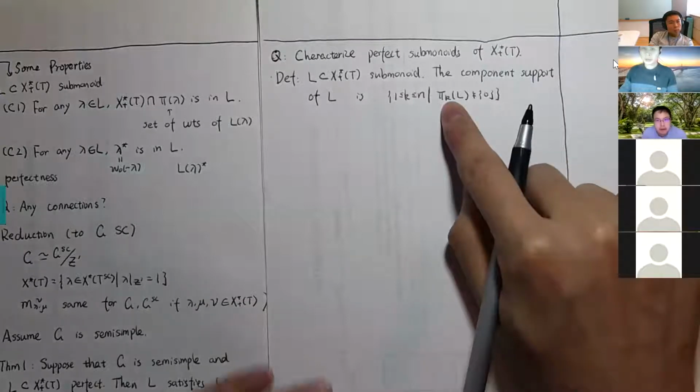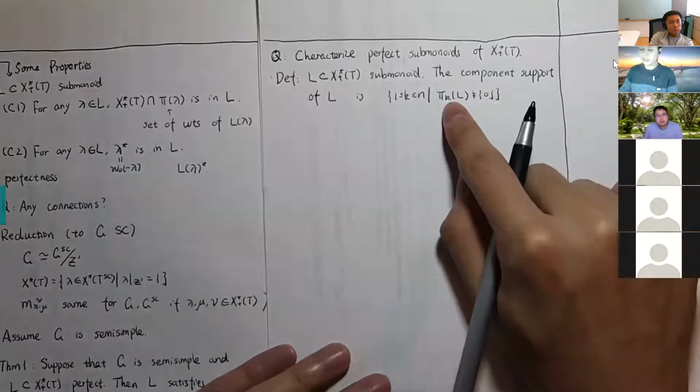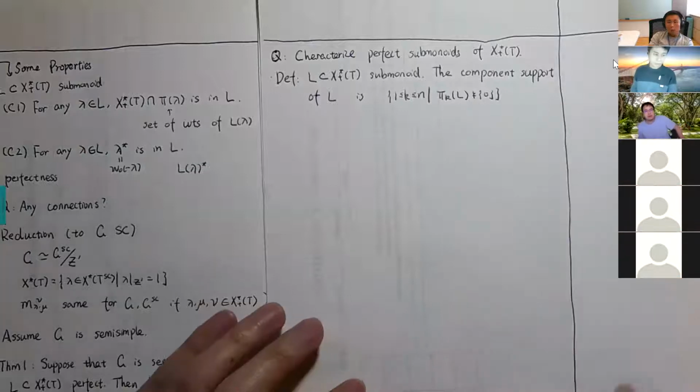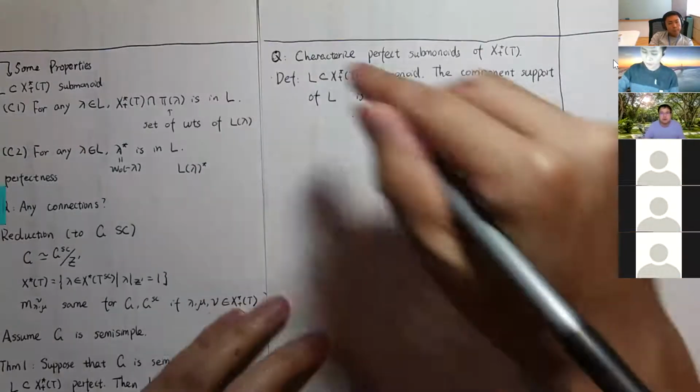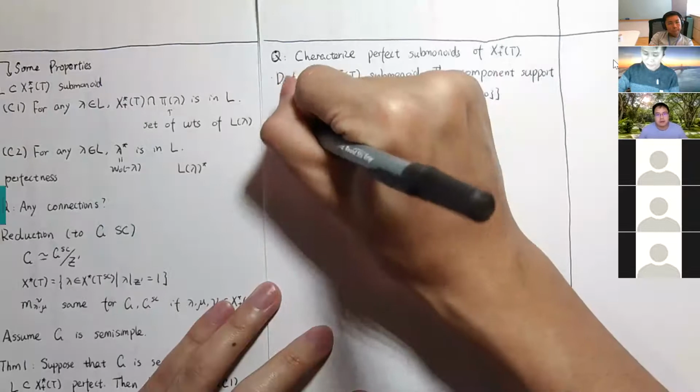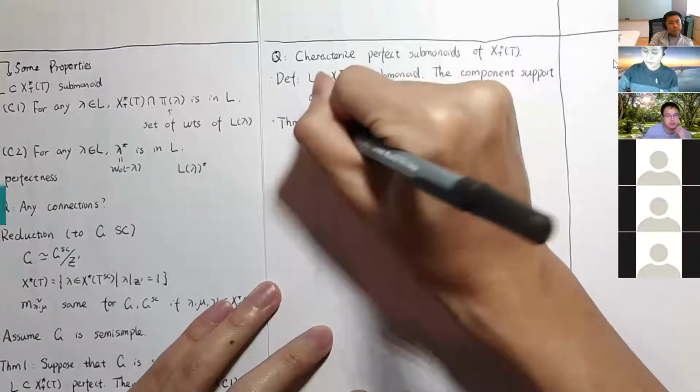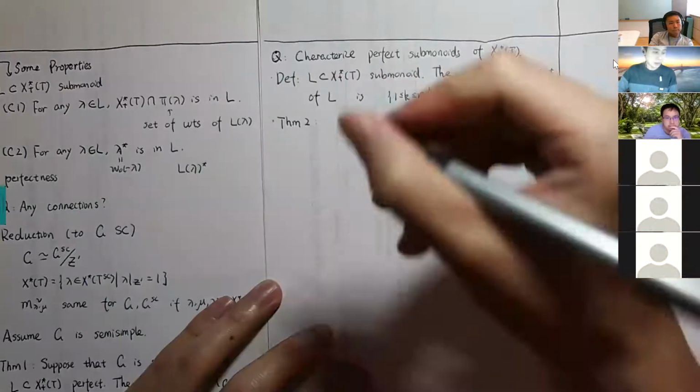Here pi_k L is the set of those pi_k lambda for lambda in L. And based on this definition, we have my second result.